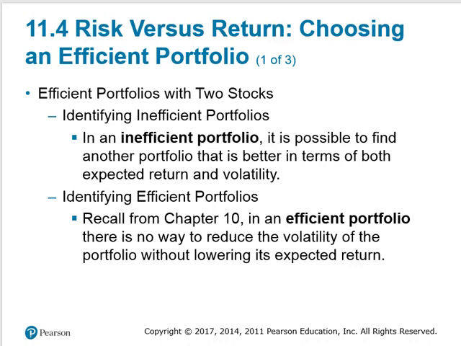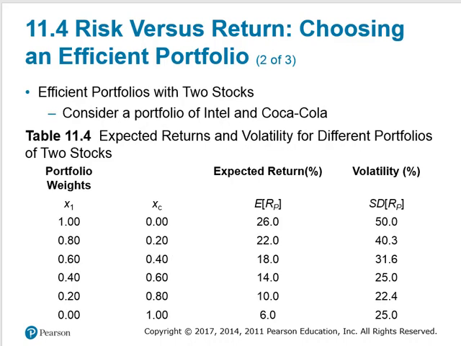So when we think about efficient portfolios, again, we need to identify those things that are inefficient, right? An inefficient portfolio basically implies that there is another portfolio that is better in terms of both expected return and/or volatility. So how can we identify these? Well, let's think about combinations.